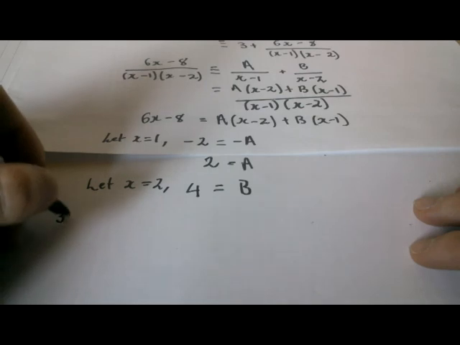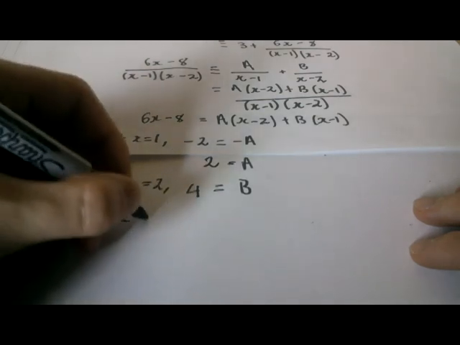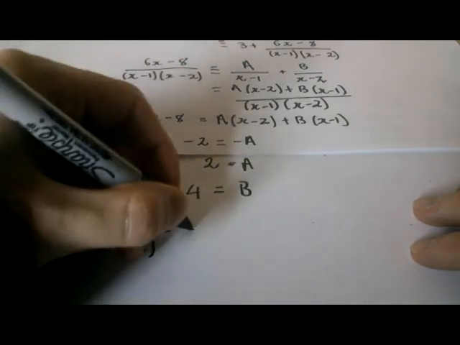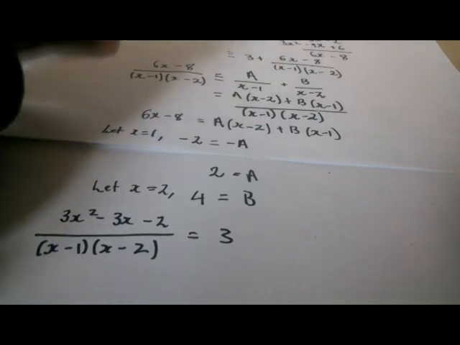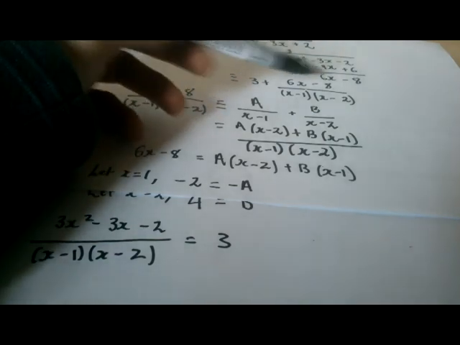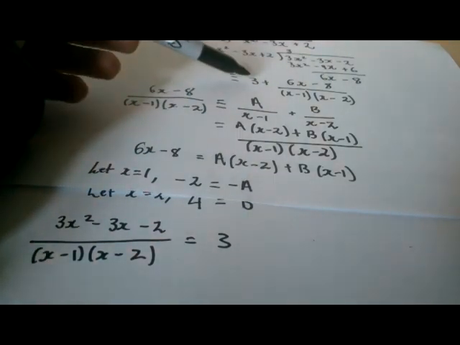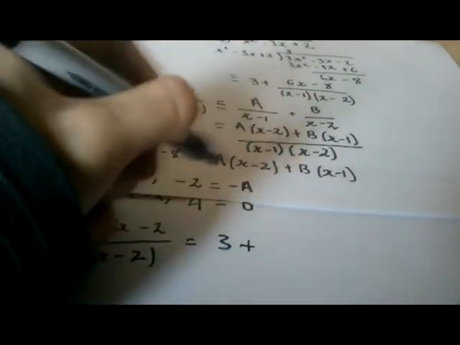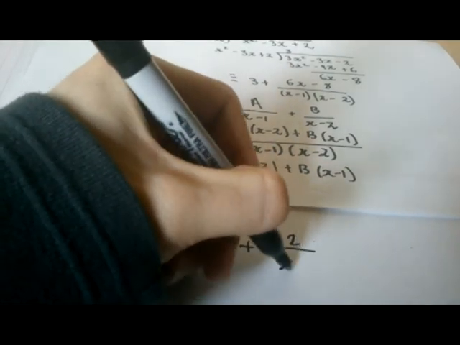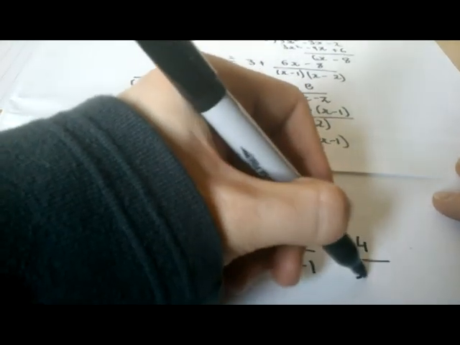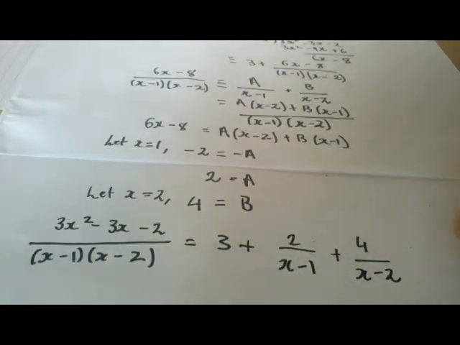We've expanded the remainder using partial fractions, so now we can conclude that 3x squared minus 3x minus 2 over (x minus 1)(x minus 2) equals 3 plus, basically we've expanded this, so we have the 3 from over here, which we've calculated by long division, plus A equals 2, so 2 over x minus 1, and now B equals 4, so plus 4 over x minus 2. So that's your question done.